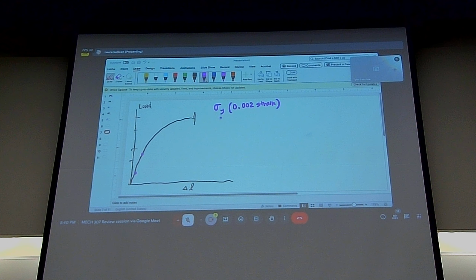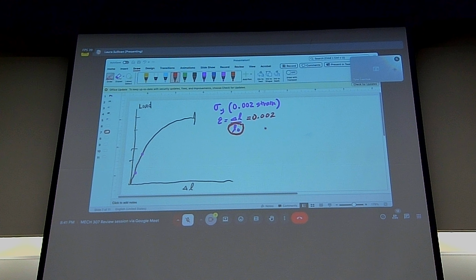And I know that strain is the change in length over the original length. And I will be given the original length, and strain will be 0.002.